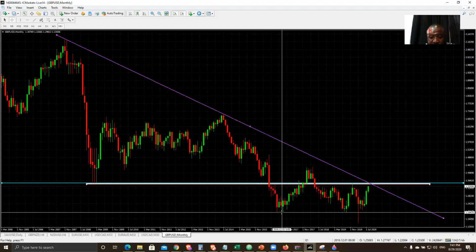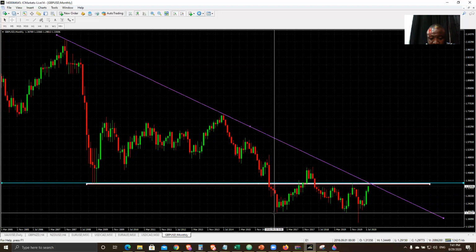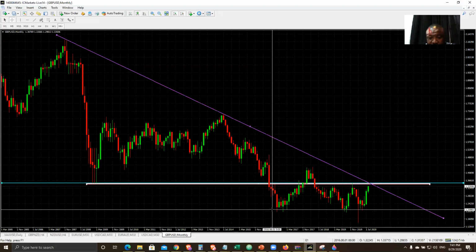August 2016, see, around the same area, the same area, and then every gain can be lost. Although we have a couple of days to go.